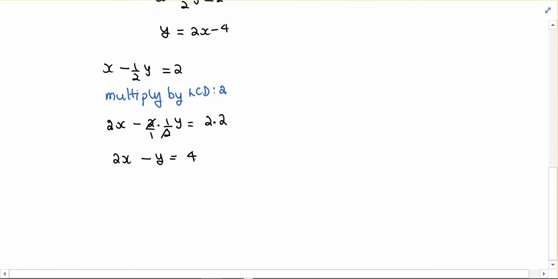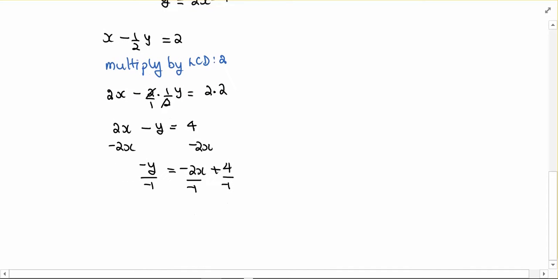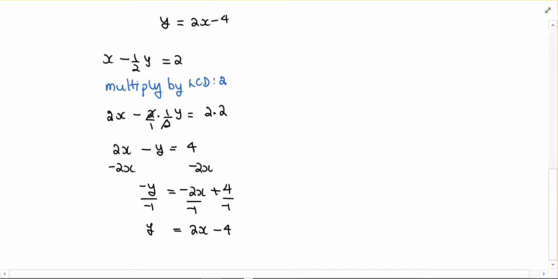Let's solve for y. So I'm going to subtract 2x, get minus y equals minus 2x plus 4. And that's a minus 1, so I can divide by a minus 1. And I get y equals 2x minus 4. That's the equation.